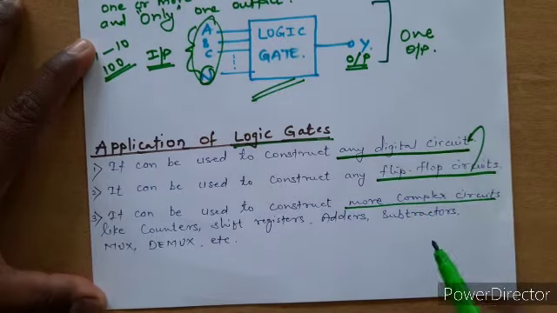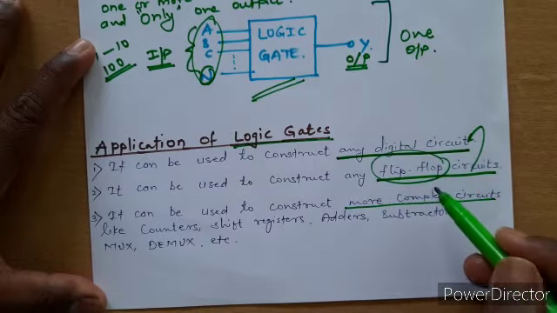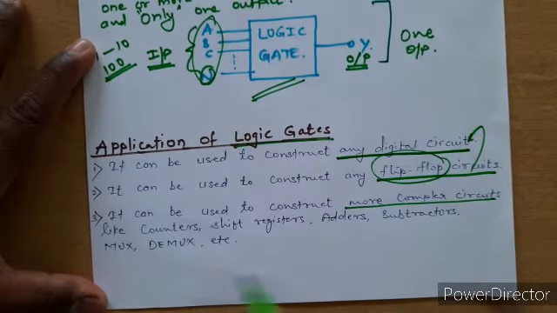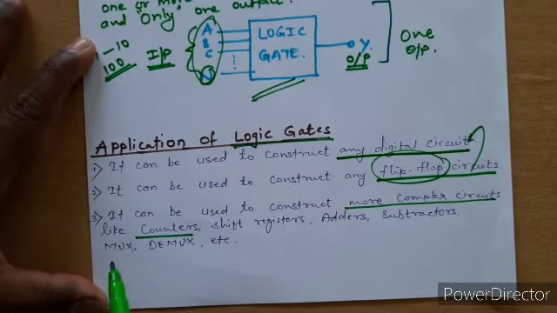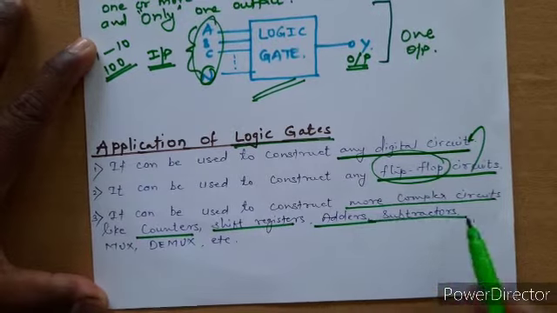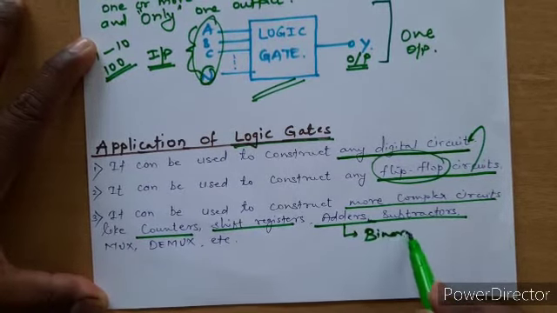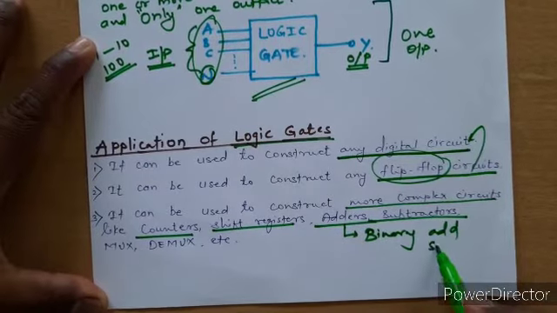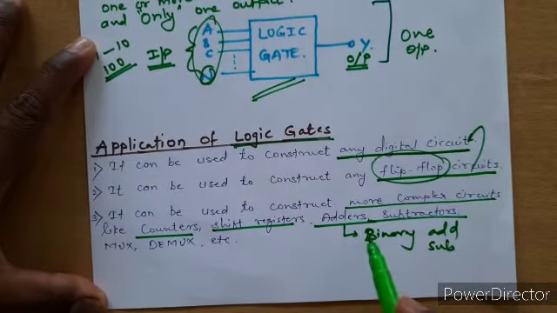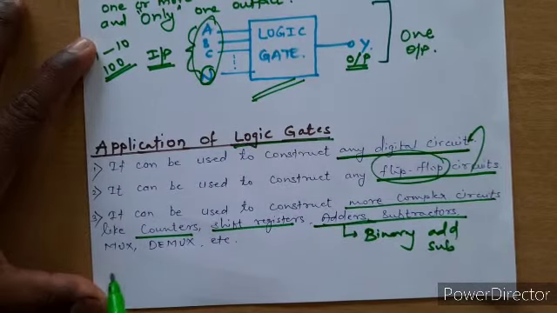Now this flip-flop even is a complex circuit, or we can have some more complex circuits like counters, shift registers, adders, subtractors. Now we have looked into binary addition and subtraction. So internally these logic gates are used to construct these adders and subtractors.